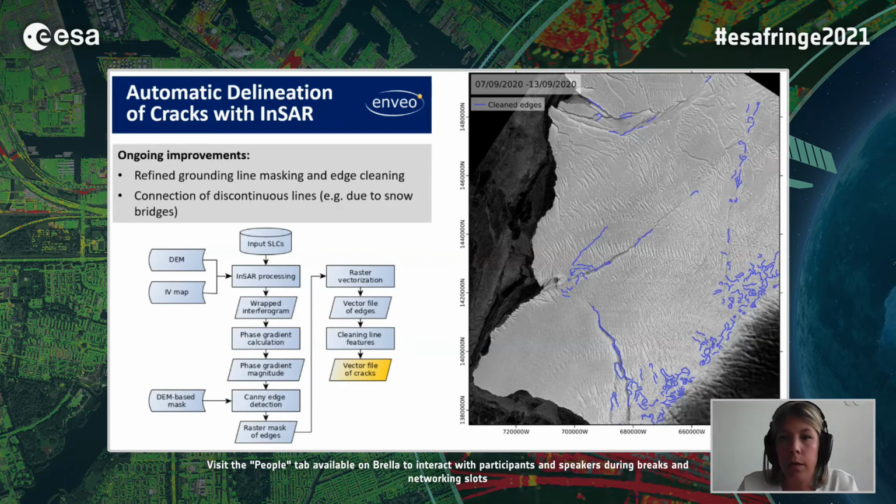That's one of the ongoing improvements. We also have quite a few false detections here due to crevasses in the grounding zone. The grounding zone is really in this area. This is ongoing improvement, but I'm pretty confident that we can achieve an even better result.